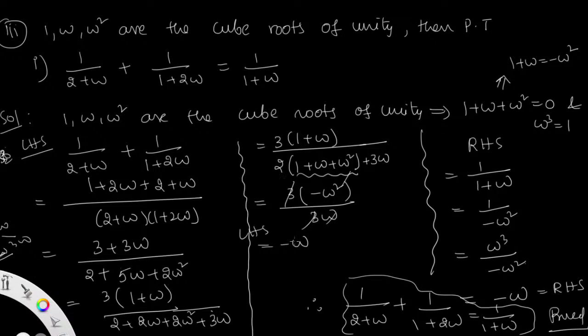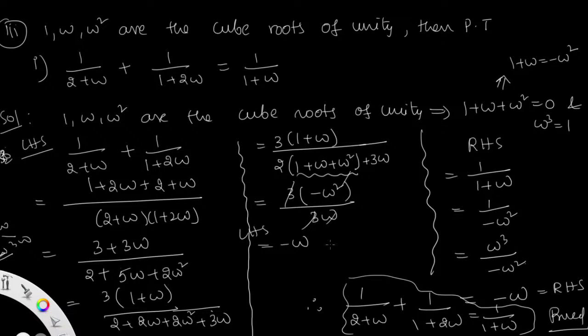So 3 cancels, you get minus omega. And similarly RHS, 1 by 1 plus omega is nothing but 1 by minus omega square; 1 is written as omega cube, then you get minus omega. Therefore both the answers are equal, so LHS equals RHS. That is the question given. So many times it is repeated, so practice more.